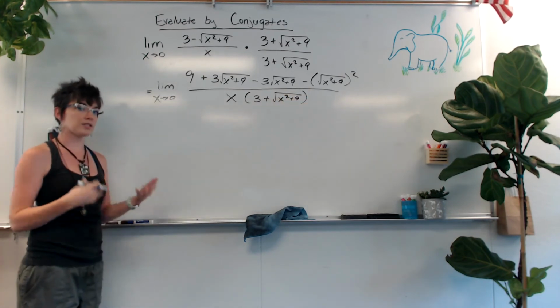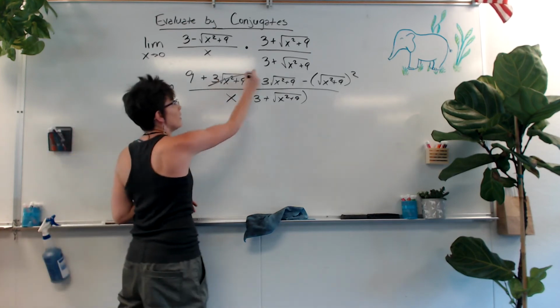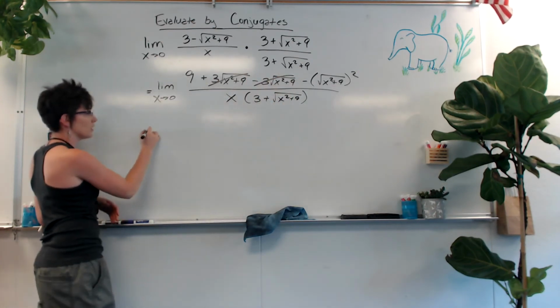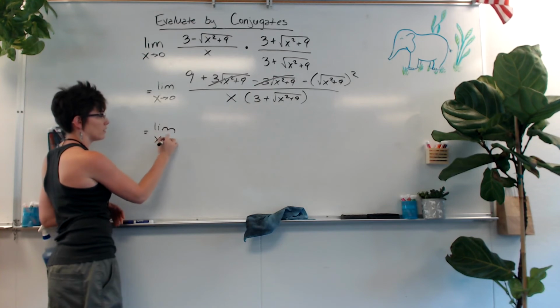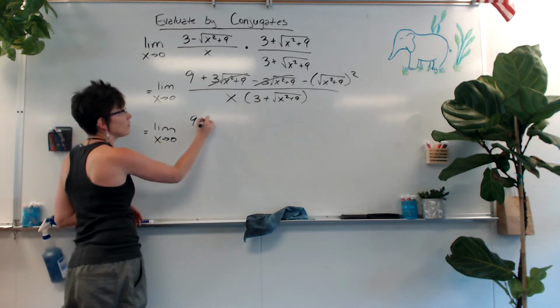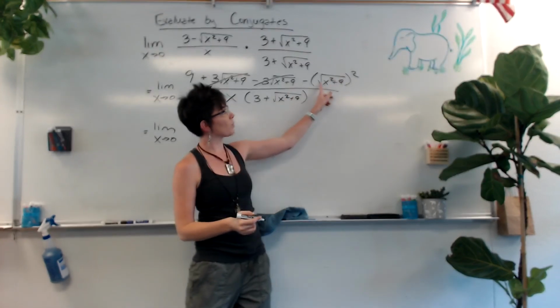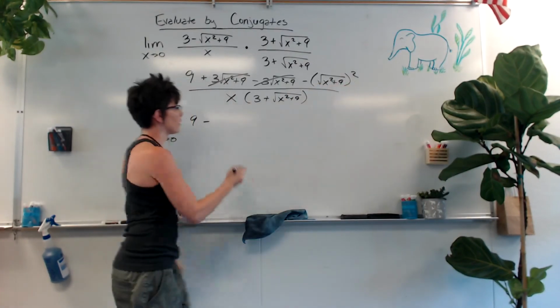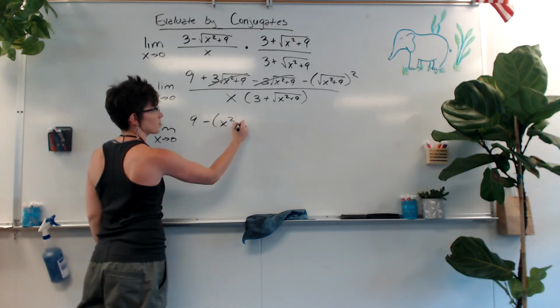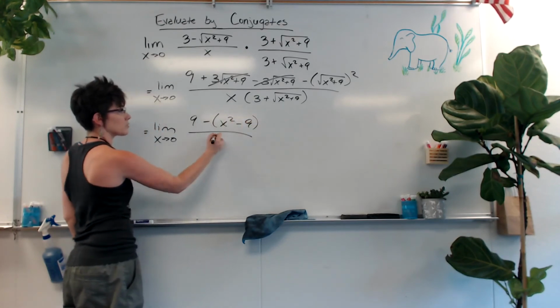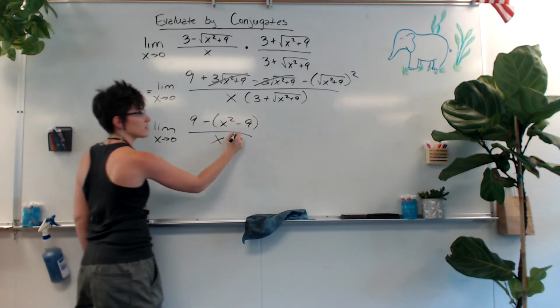Okay, now go ahead and start taking steps to simplify. These guys cancel, and I'm left with 9 minus, I'm going to drop the square root now because it's been squared, so those cancel out. Notice here how very special that negative sign is.